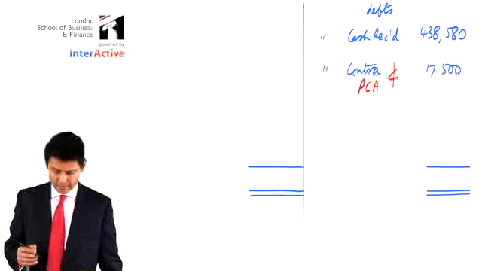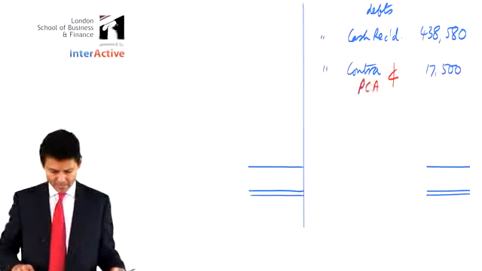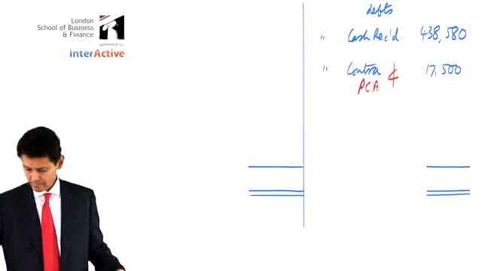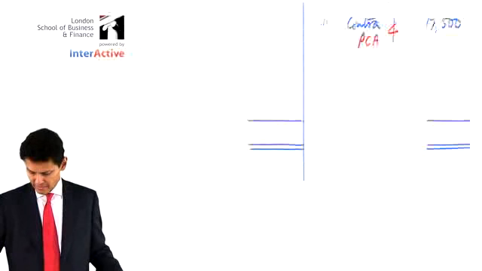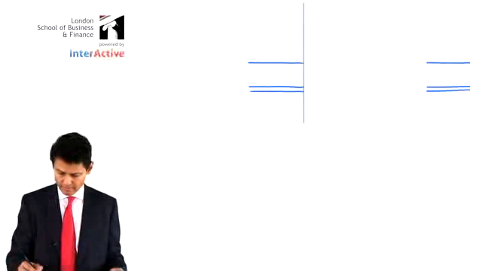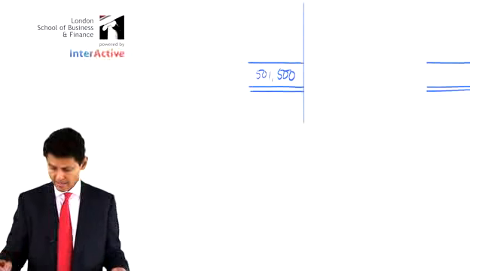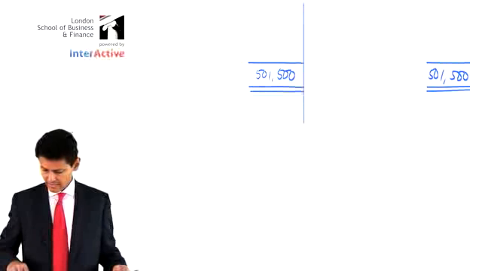Now, the debit side looks heavier at 501,000. Let me just check, make sure all that adds up nicely. Yes, 501,500 is the answer. So I'll put that onto the debit side. It's a stepping stone to the answer, I should say. And that 501,500 is on that side.